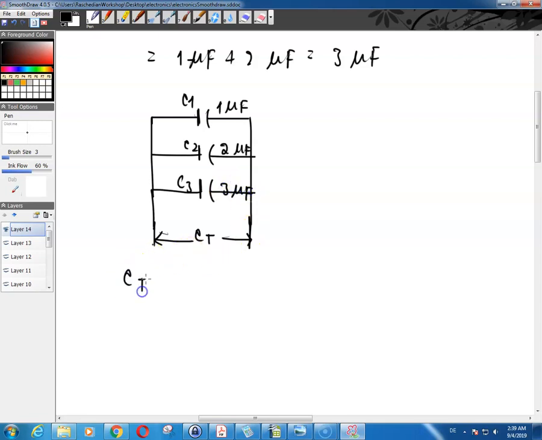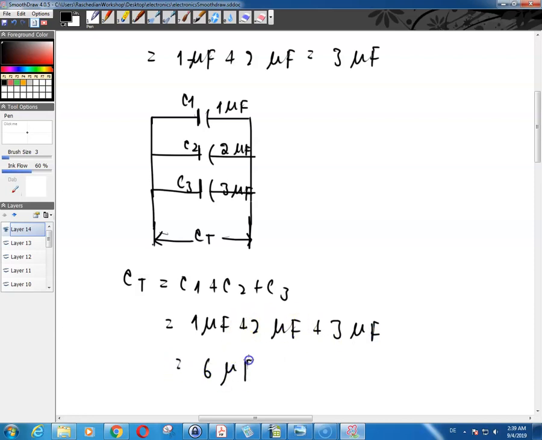Then C of t is equal to C1 plus C2 plus C3, which is 1 microfarad plus 2 microfarad plus 3 microfarad, equal to 6 microfarad.